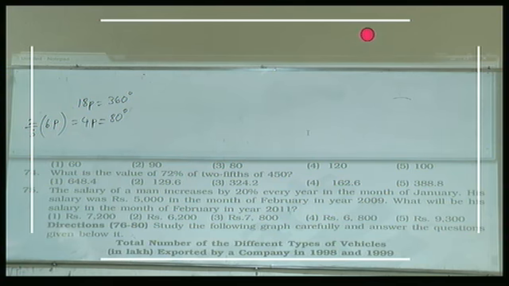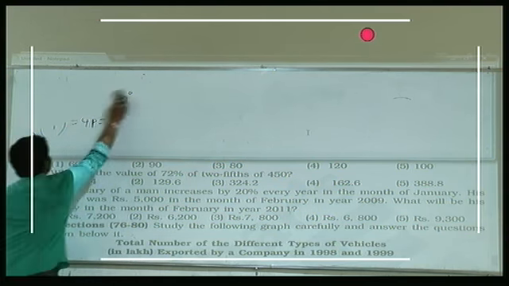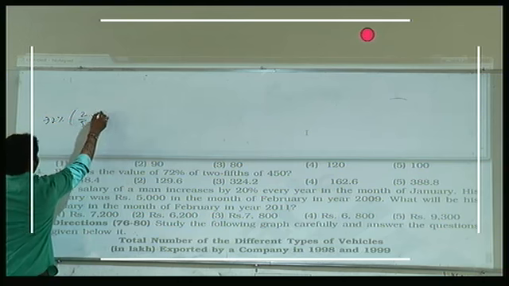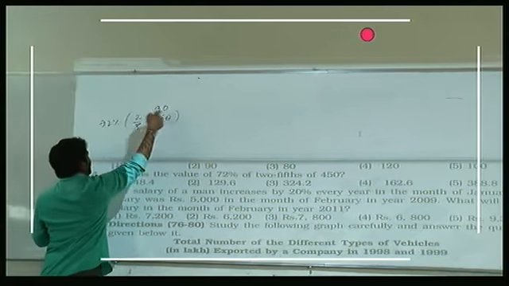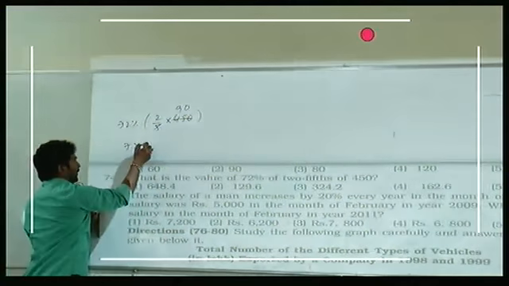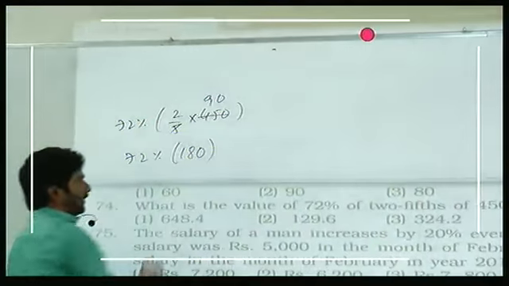Two options are there. 72% of 2/5 of 450. How much is 2/5 of 450? 90 times 2 is 180. So 72% of 180.